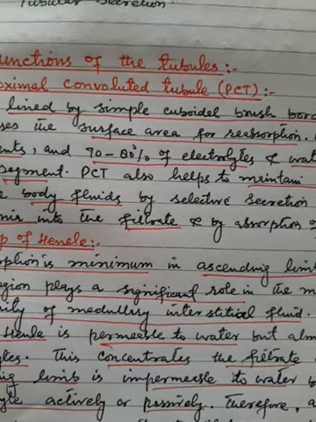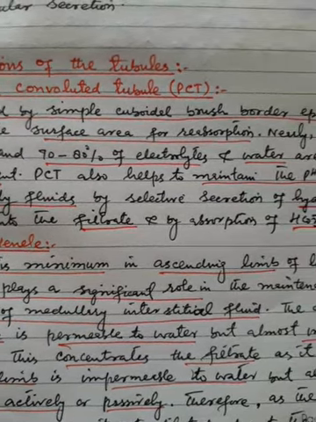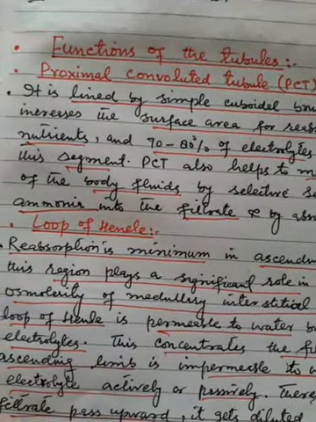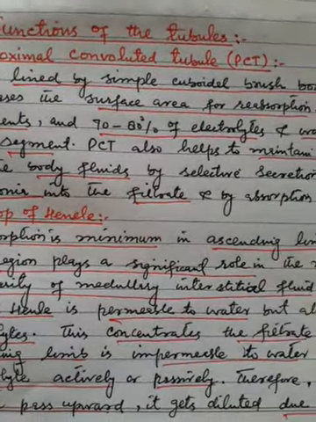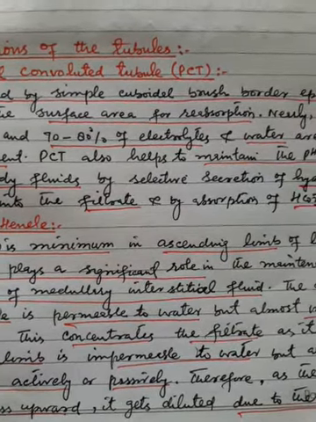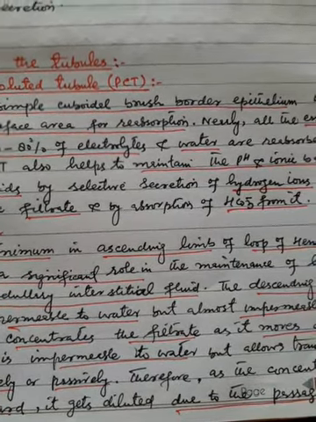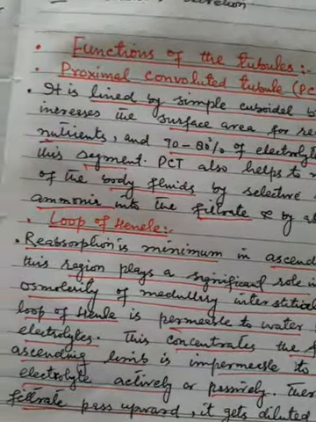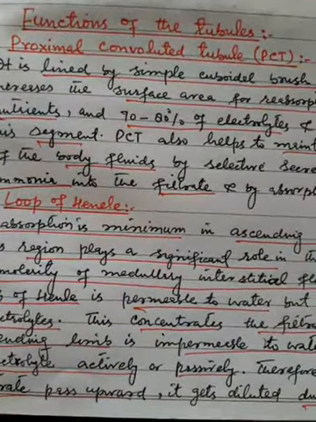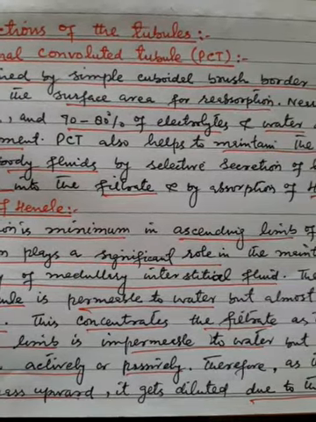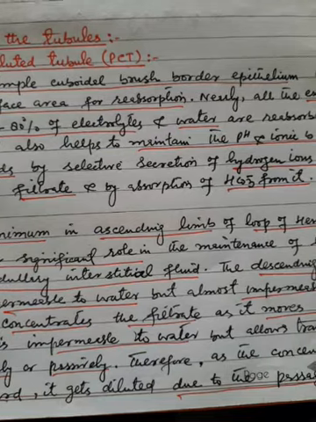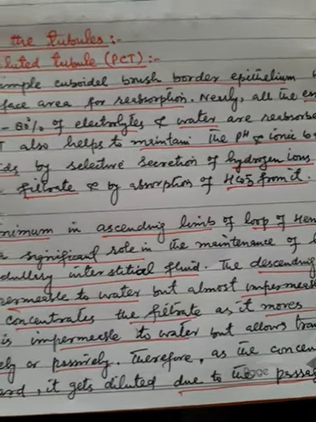PCT also helps to maintain the pH and ionic balance of the body fluids by selective secretion of hydrogen ions and ammonia into the filtrate and by absorption of hydrogen carbonate from it.